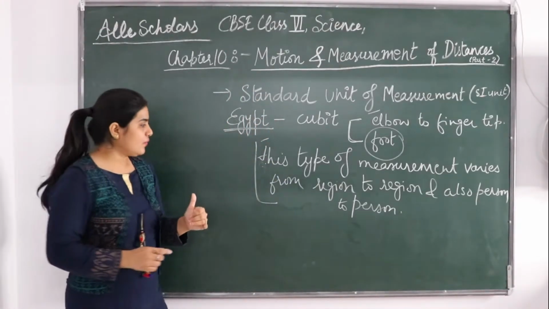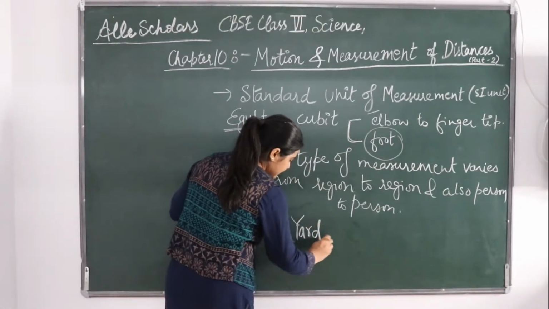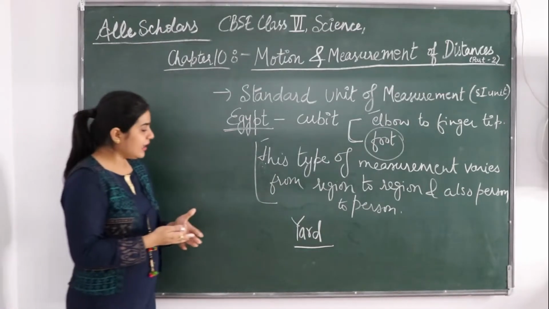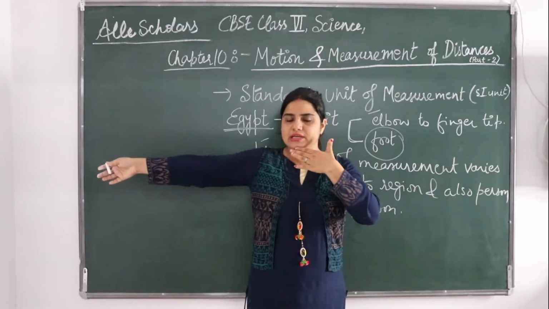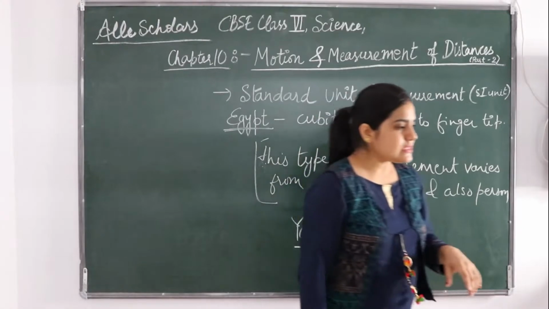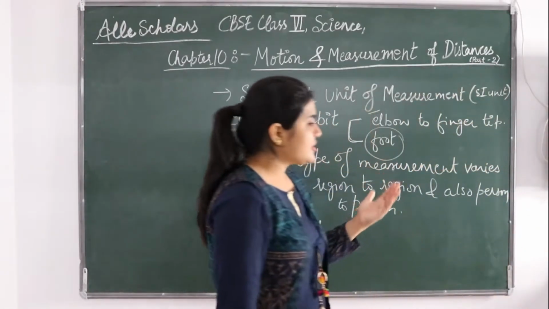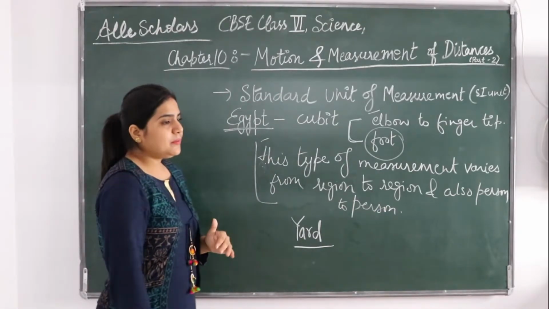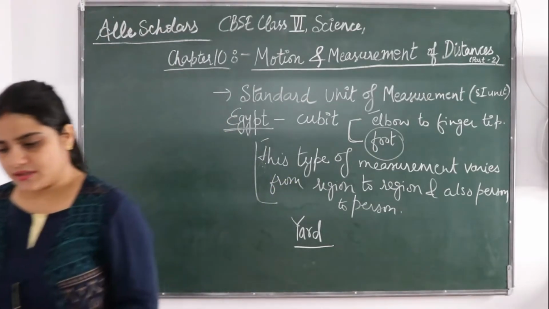That was termed a yard. The term yard was used for measuring cloth, and that measurement was from the chin to the extended hand, from here to here. This was one way people used to measure.